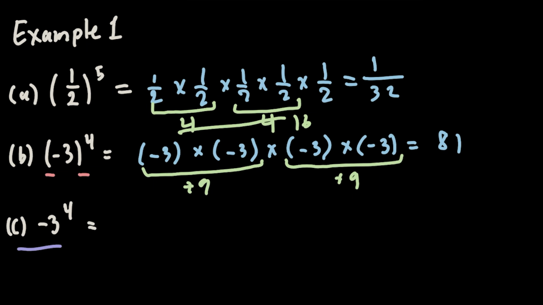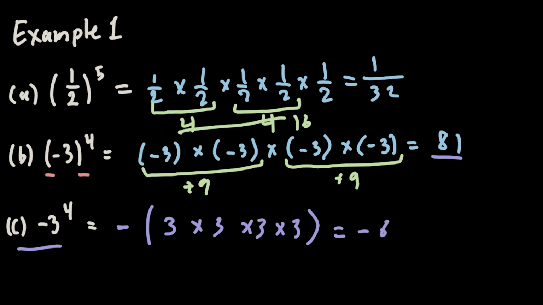Here we don't have parentheses. That means that we have a minus here, and then we have the expression. So we have a minus, and then we have 3 multiplied by 3 multiplied by 3 and multiplied by 3. So that would equal the same answer, which is 81, but multiplied by minus. So it's minus 81. And this is the end of example 1.